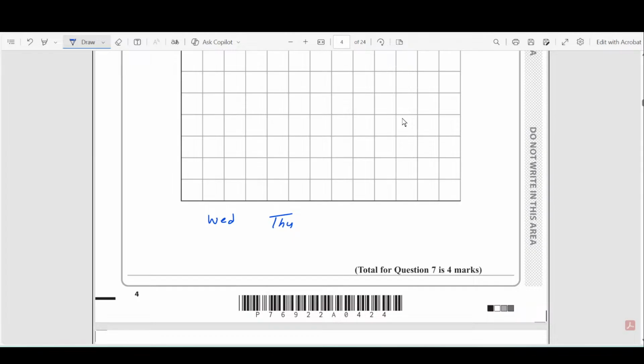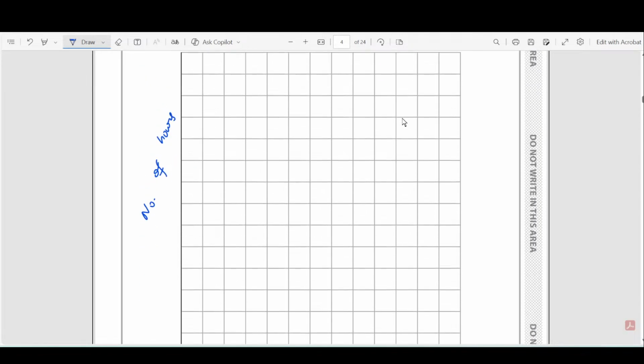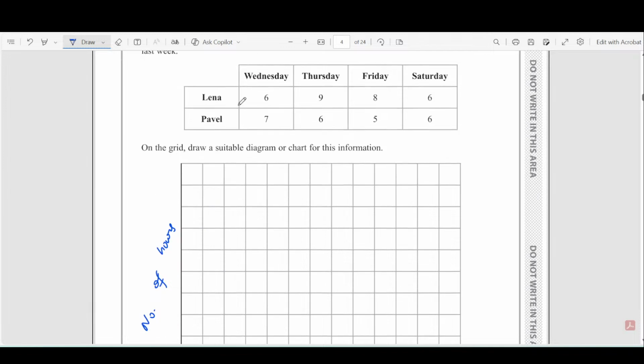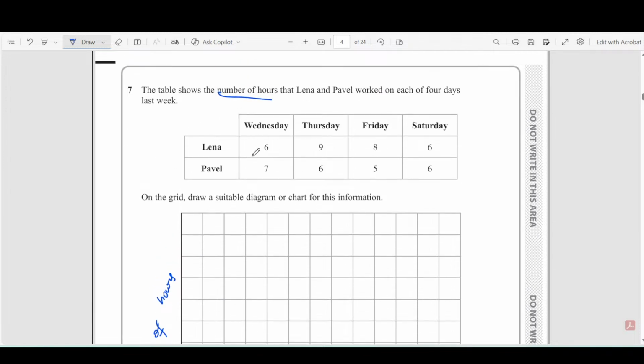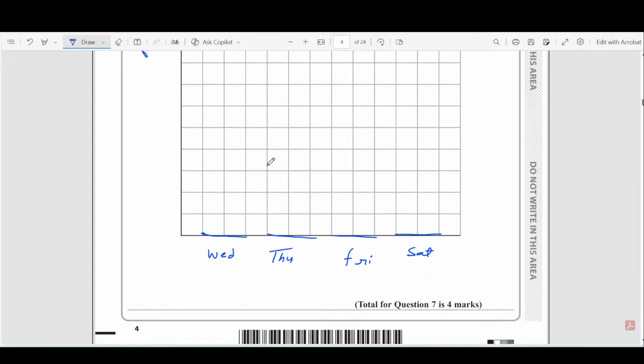So this is Wednesday, this is Thursday, this is Friday, and this is Saturday. Okay, so basically for Lena on Wednesday, she spent 6 hours on some work, 6, and Pavel 7 hours.